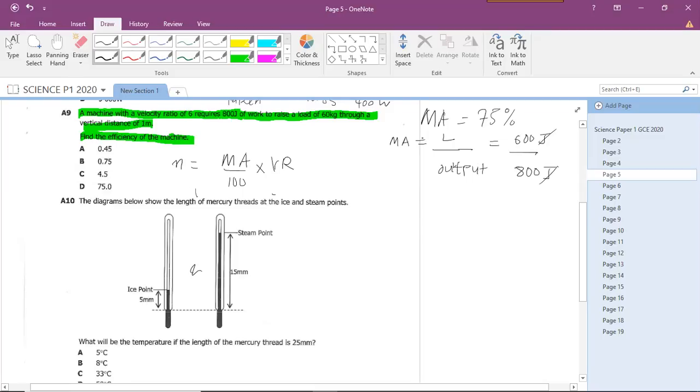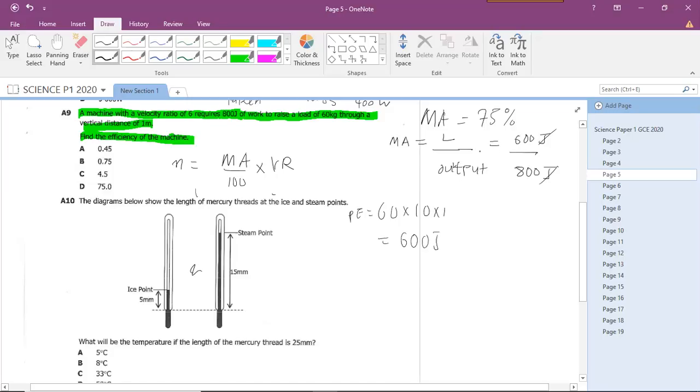The mechanical advantage, we get it by load over energy output. We have to have the same units. So 60 times 10 times 1, which is our potential energy, mass times gravity times height, gives 600 joules.